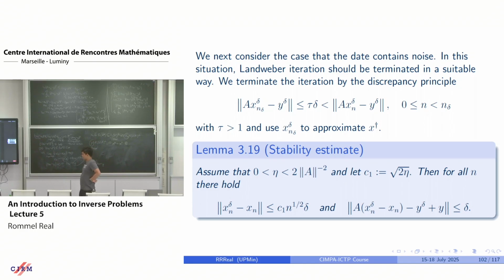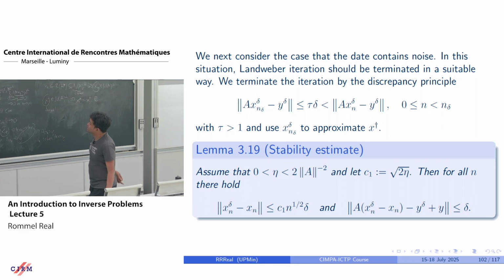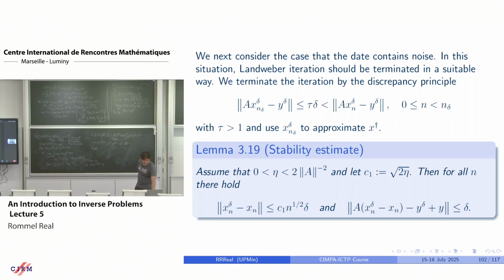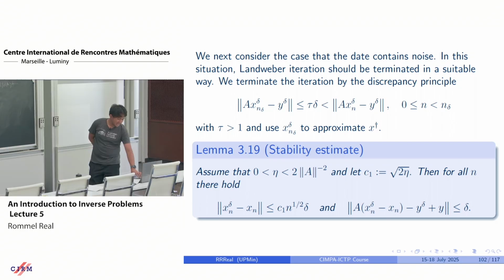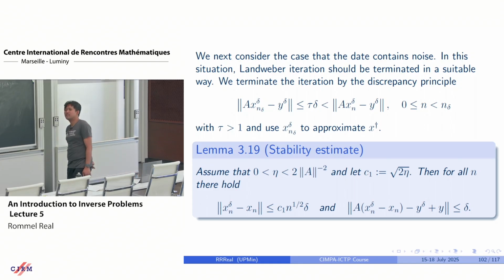So therefore, we again use a version of the discrepancy principle, where we terminate the iteration at iteration n sub delta, where the residual at that iteration number is, for the first time, less than or equal to a multiple of the noise. Okay? So that means you run the Landweber iteration at every iteration.